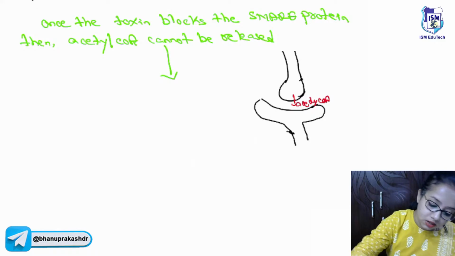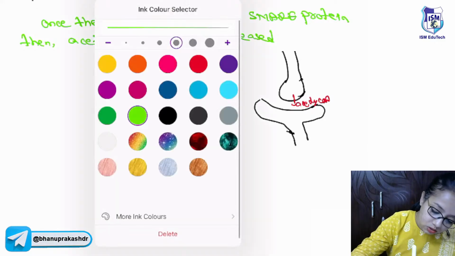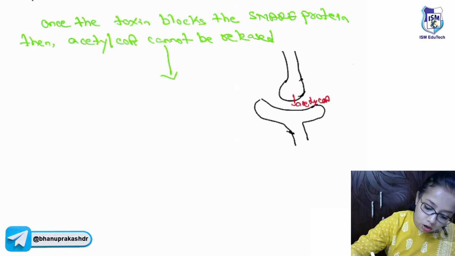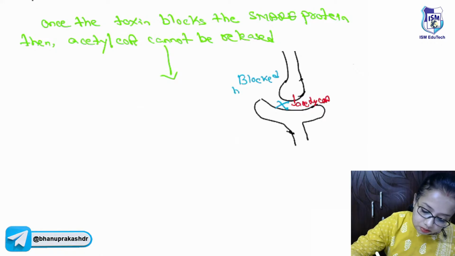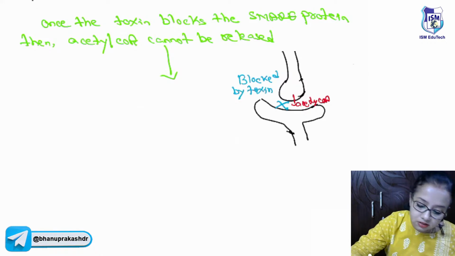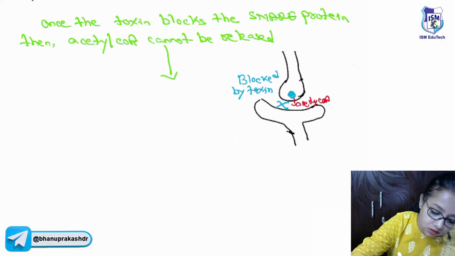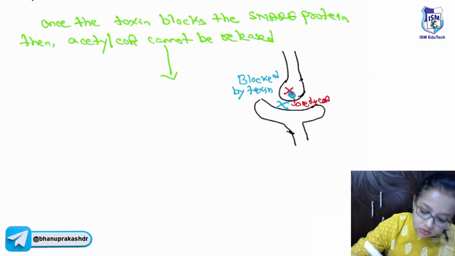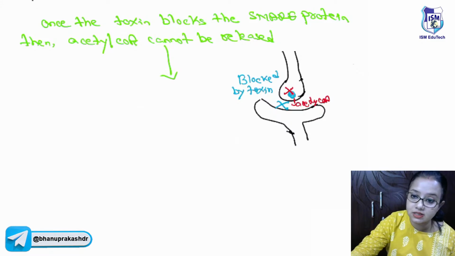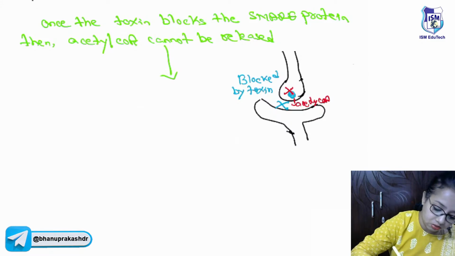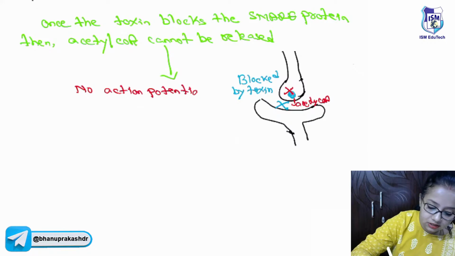Now, if the whole process is blocked by the toxin, because the SNARE protein required for exocytosis is blocked, then there won't be release of acetyl CoA, and without acetyl CoA there will be no action potential generated.